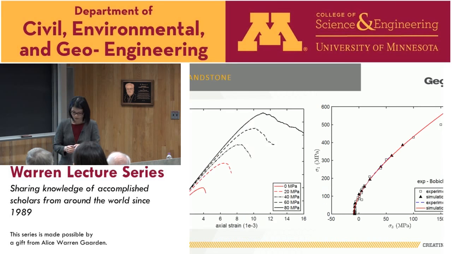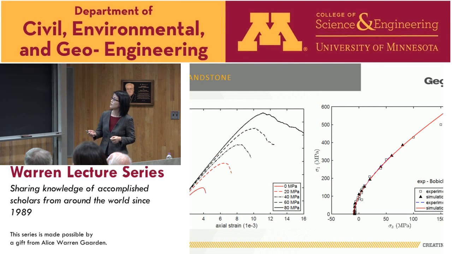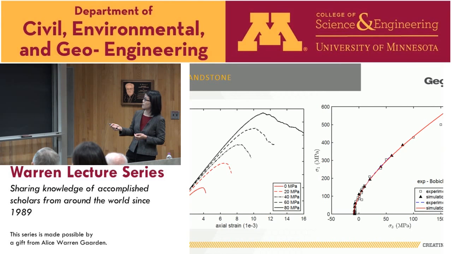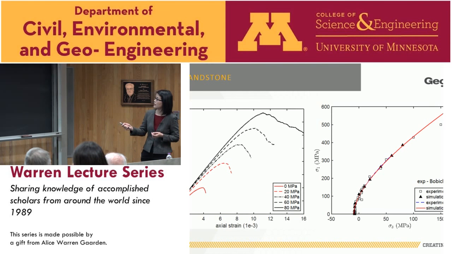Now with sandstone, we can see it's actually a very nice match. The sandstone results are from a master's student at Texas A&M in Chester's group. The failure envelope we fit for the experiment is actually overlapping with our simulation fit.